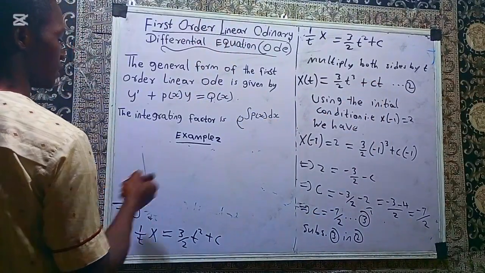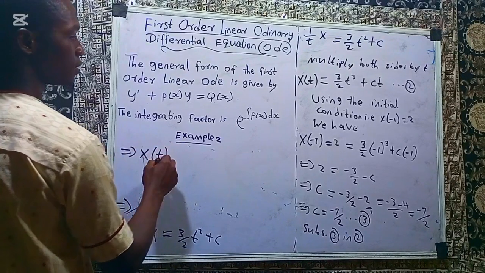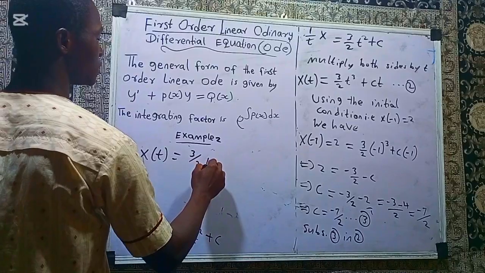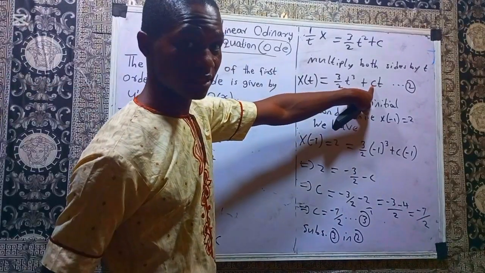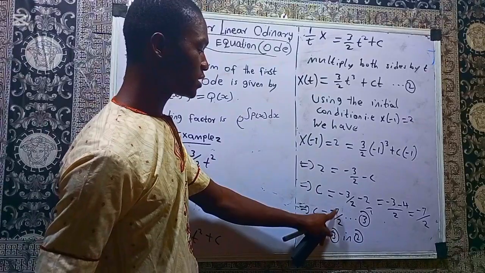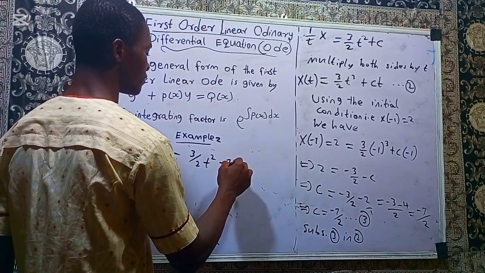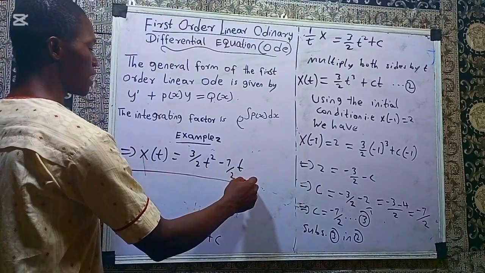So this implies that x of t will be equal to 3 over 2 t raised to power 2. Now replace this c with what we got, negative 7 over 2. So I'll write negative 7 over 2 t. So this is now the solution.